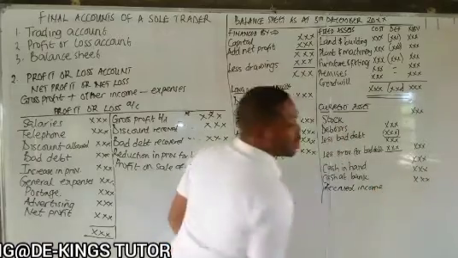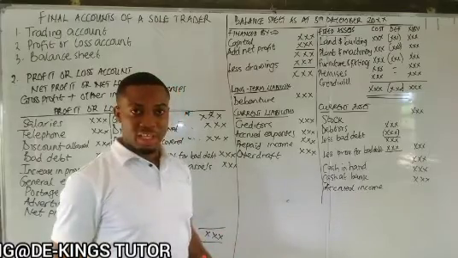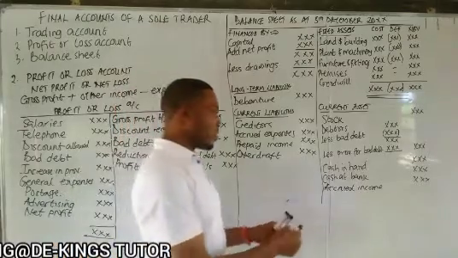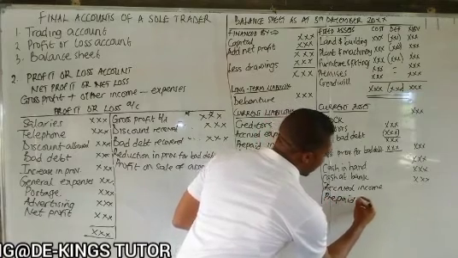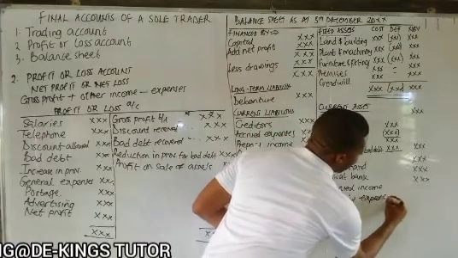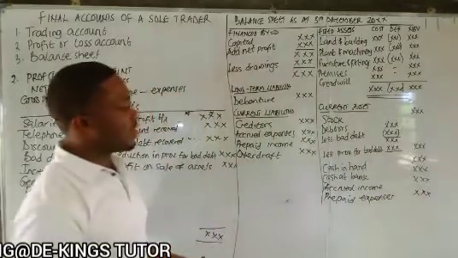Accrued income is income for which you have rendered a service but you have not received money. So we have accrued income, and also we have prepaid expenses. These are some of the current assets.